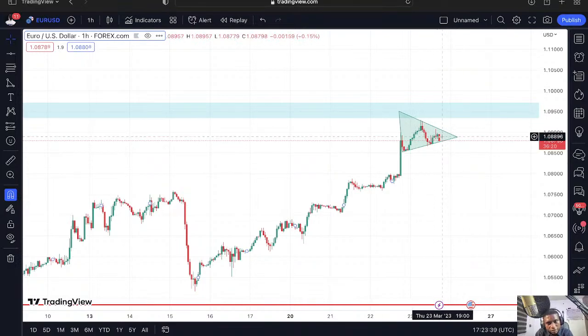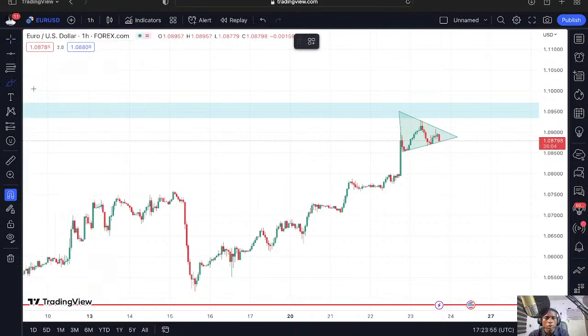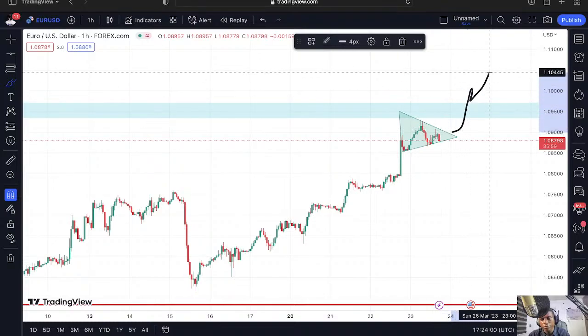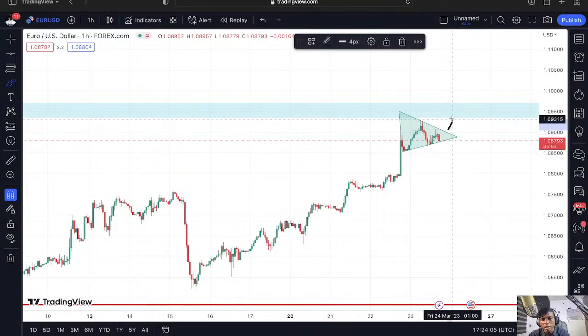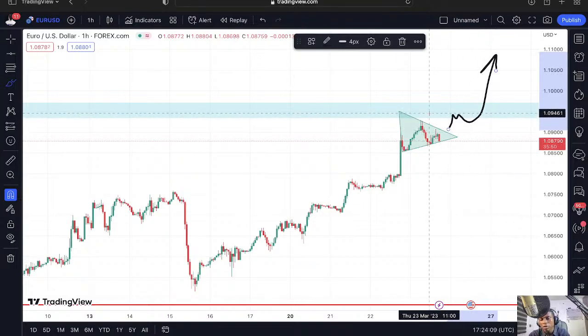From this now, a bullish wedge flag is more like an indication that price is still going to go up. So from what I see here now, I'm expecting price to break out here and rally around here a bit and then break out of this minor resistance zone.